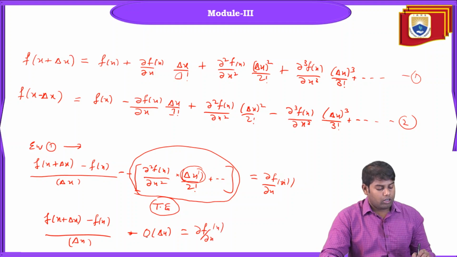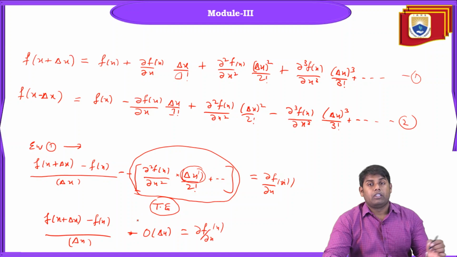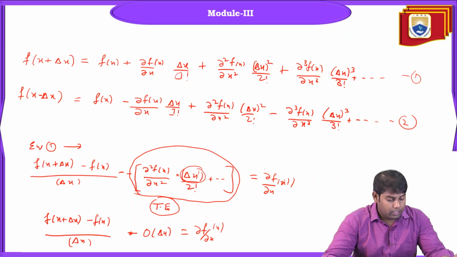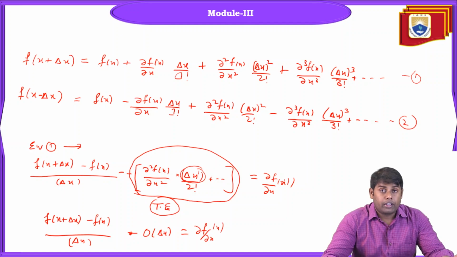So it is of first order accuracy. Basically, the forward difference is a first order accurate scheme.